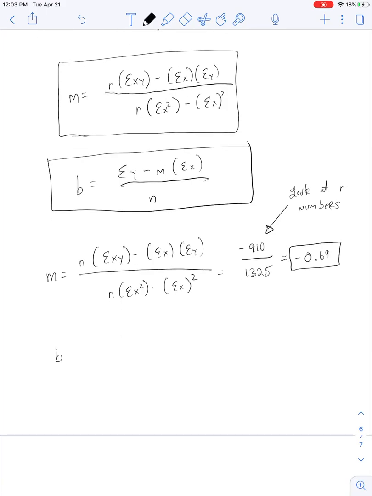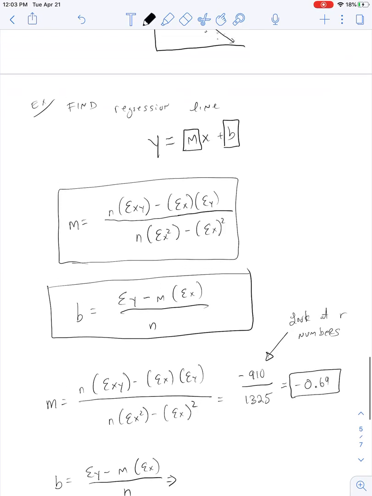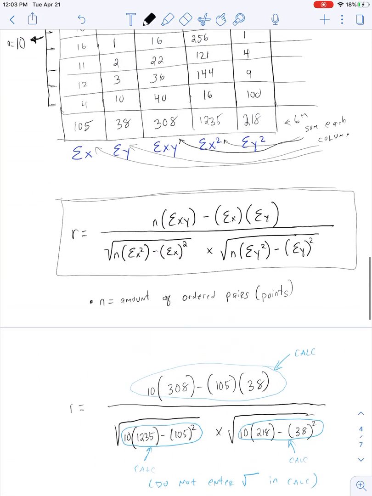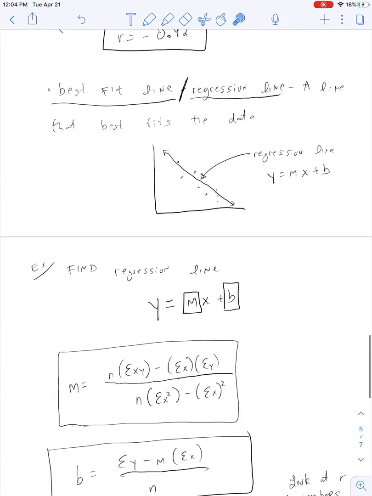Now that we know M, we just have to calculate our B, which is the sum of Y minus M times the sum of X, over N. And these numbers come from the top, our table. So our sum of Y is 38, our sum of X is 105, and we already know that N is 10.